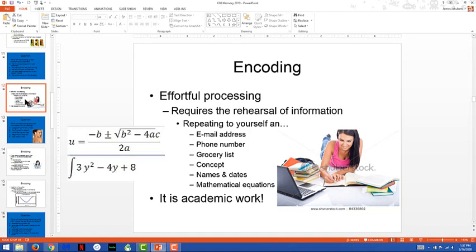So everything that you actually see in terms of effortful processing really is very consistently academic work, because what you do as a student is learn by using symbolic manipulation. That is, more specifically, you're using language. You learn everything through language in school. You learn names, dates, concepts, mathematical equations, everything, including even if you're learning to do painting, there will be a sequence of steps that you have to follow that you're going to be taught.